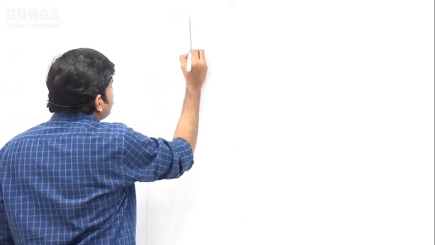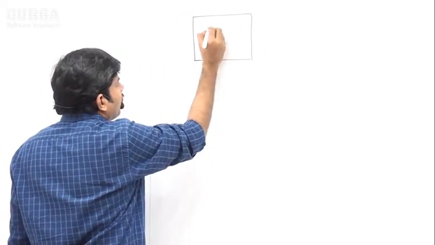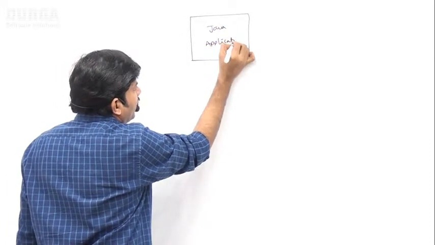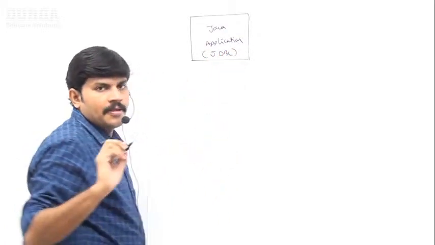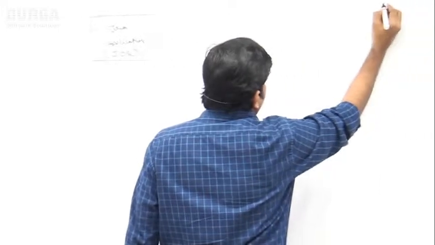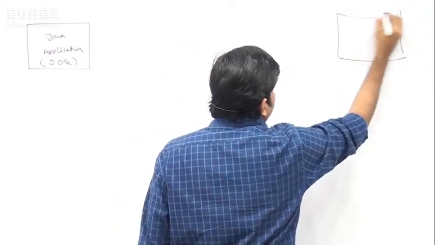Very simple. Just have a look once, sir. This is my Java application, which internally uses JDBC, right? Now here there is a database, sir. Assume that this is the database.